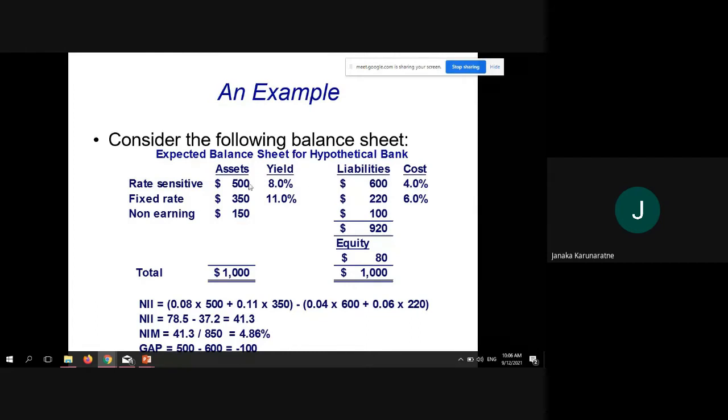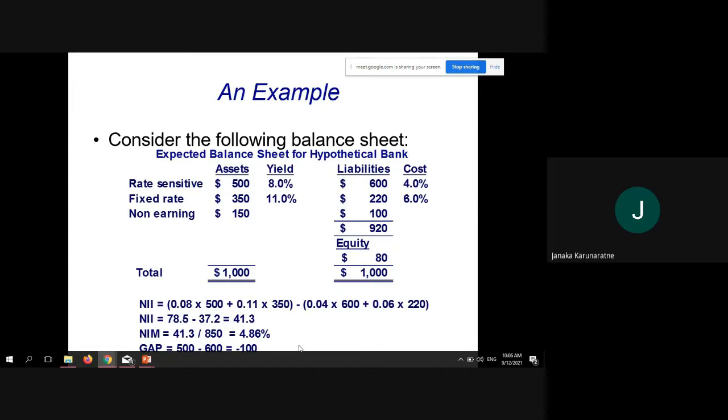Now gap is, let's say this is a 1 year period, RSA minus RSL. So the bank has rate sensitive assets 500, rate sensitive liabilities 600. So the bank's gap is negative 100, right? So this is the picture as it is in this particular bank, right?